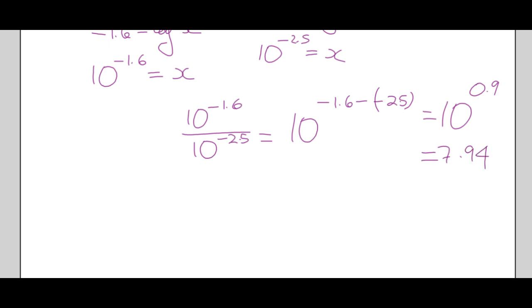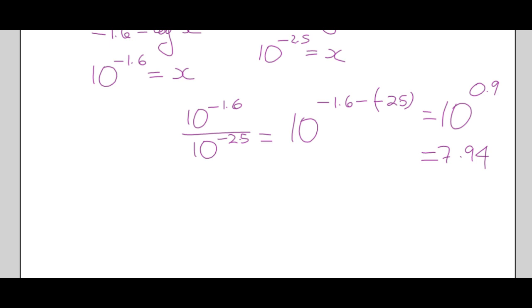So how many times more acidic is a solution with a pH of negative 1.6 than one with a pH of negative 2.5? 7.94. Okay, that's the hard way, never to be repeated again. Here's the easy way. This applies to all things that have a logarithmic scale. pH is on a logarithmic scale.